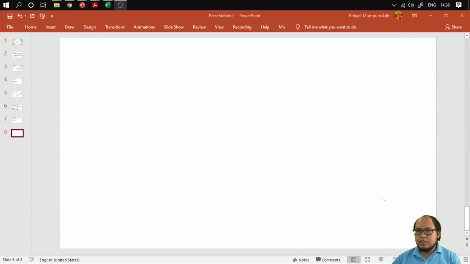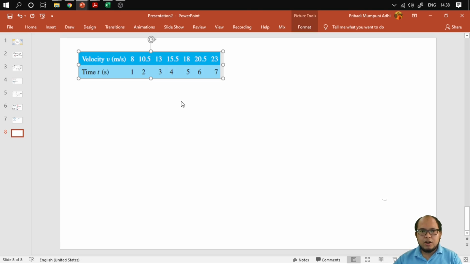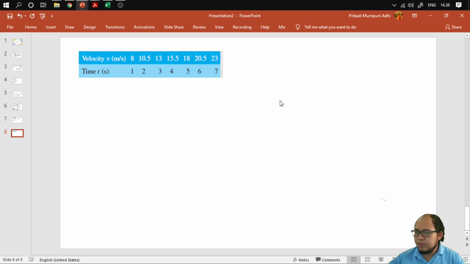Well, let's continue with the example. For example, I have a table of time with its velocity. From this table, it's written that when the time equals 1 second, the velocity of a car is 8. When 2 is 10.5, and so on. So we can plot it on the graph, and we have this graph.